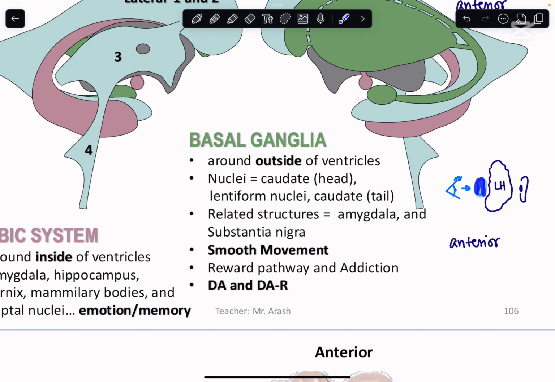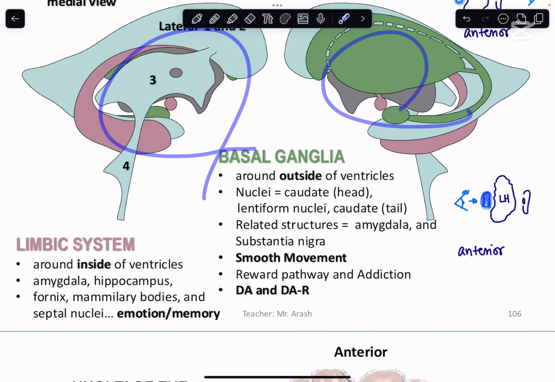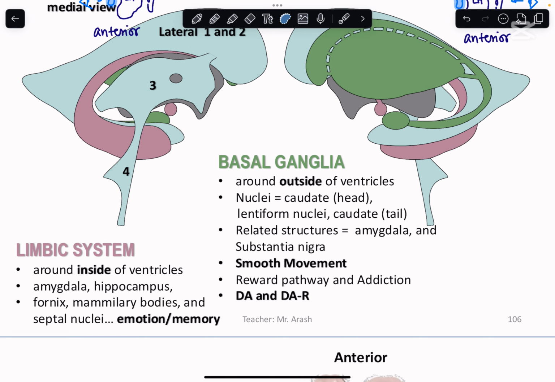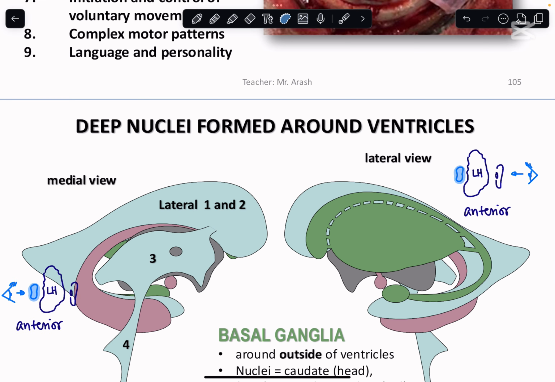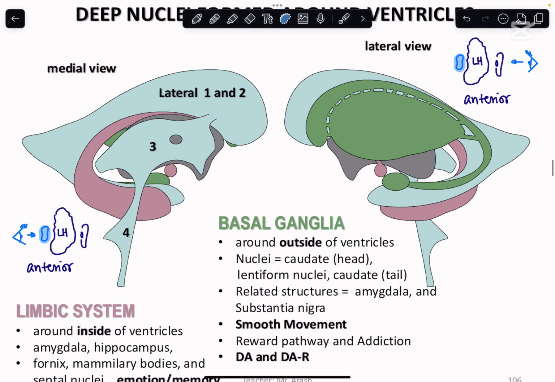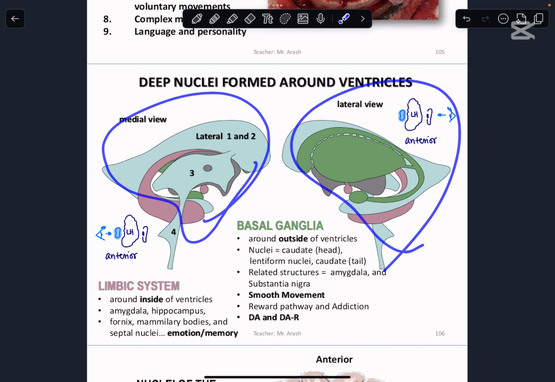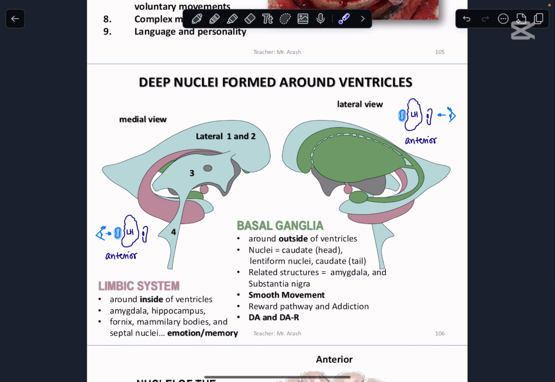Essentially it's this entire deep part of the brain. Then you get what we call the medial view. So this is the medial view, and that's the lateral view. That's basically what they mean by lateral and medial view. You still have the same structures, obviously.